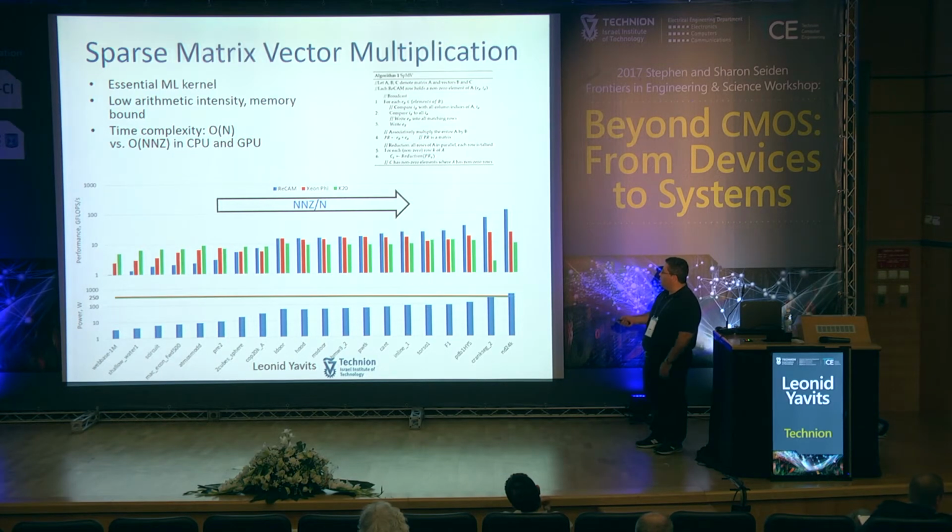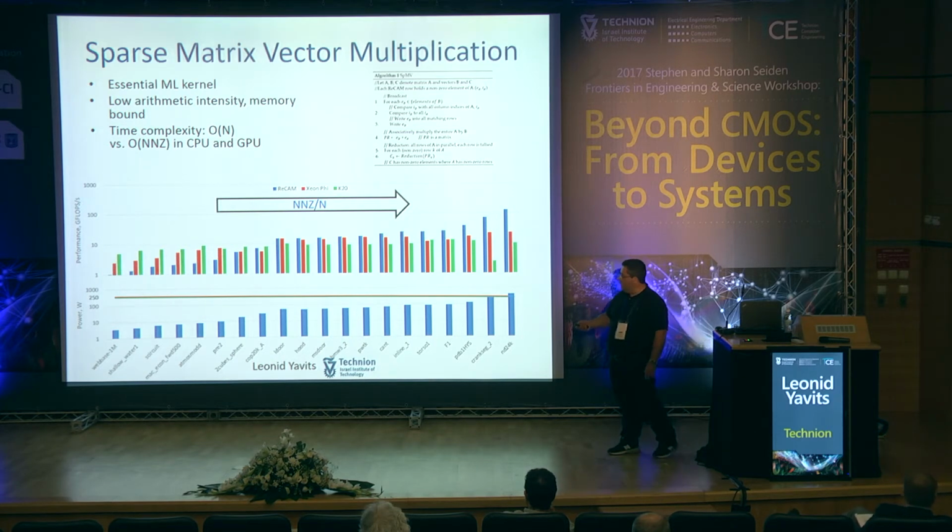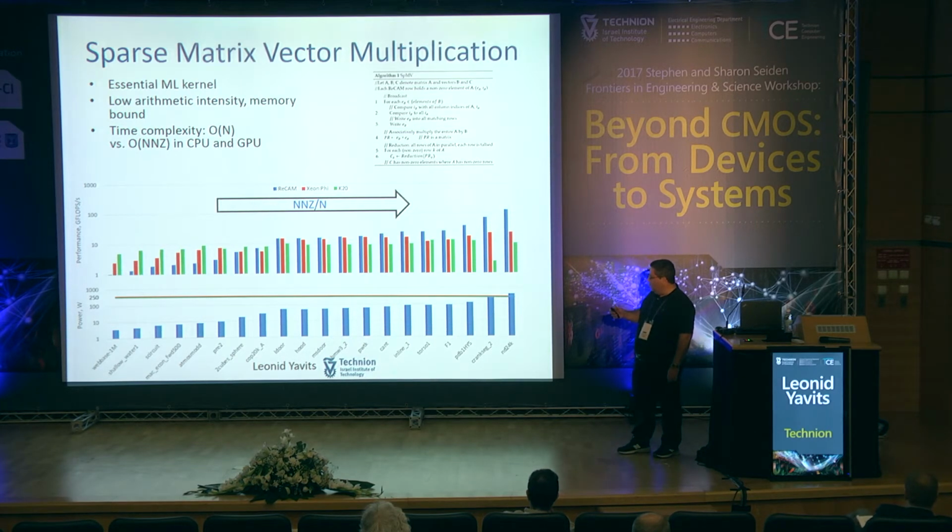So if I order my matrices in the order of rising nnz over n, then at the low end, at the left side, our in-data processing loses. However, as we move higher on this ratio, it becomes outperforming CPU and GPU solutions.